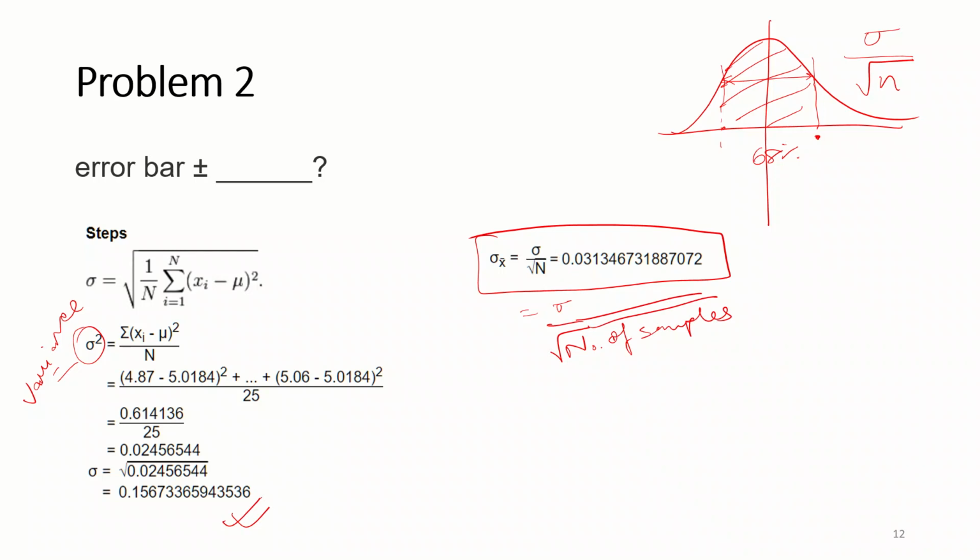So yeah, some of you are getting it like that. Okay, it makes sense now.